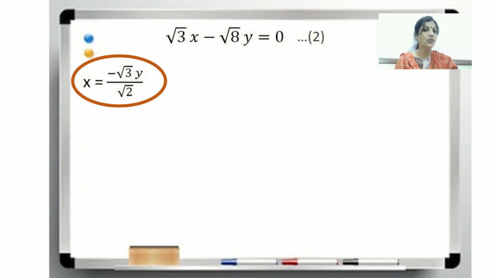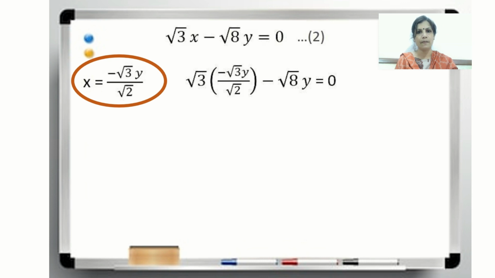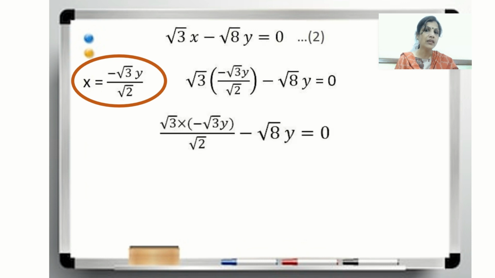So we get √3 in the bracket (−√3y upon √2) − √8y is equal to 0. Check out, can you cancel anything here? No, you cannot cancel. So what will we do? We will multiply this √3 with the term inside the bracket. So it will be √3 into −√3y upon √2 − √8y = 0.